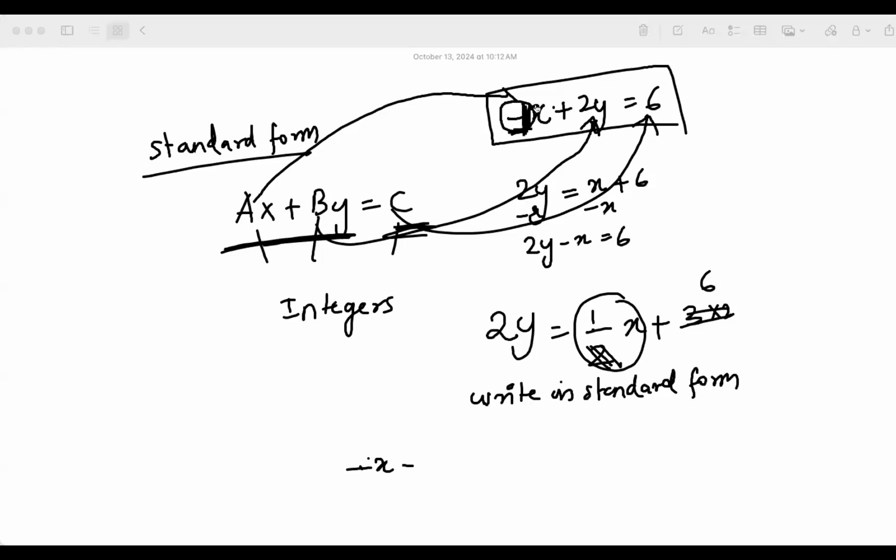However, there's a lot of controversy on the rules that you need for standard form equations. See, standard form, A, B, C. A and B both cannot be 0.